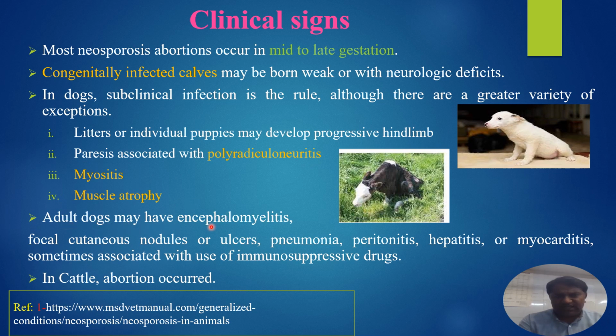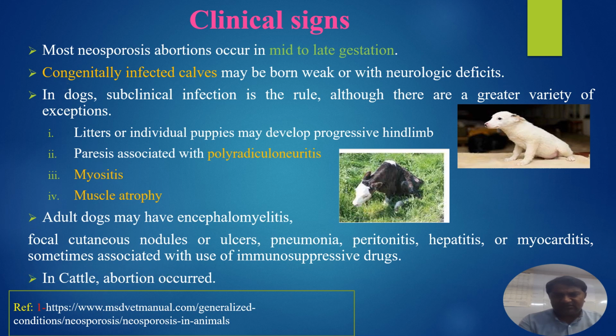Adult dogs may have encephalomyelitis, focal cutaneous nodules, ulcers, pneumonia, peritonitis, hepatitis, or myositis, sometimes associated with use of immunosuppressive drugs. In cattle, abortion occurs.